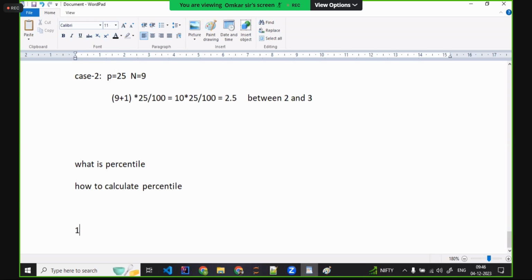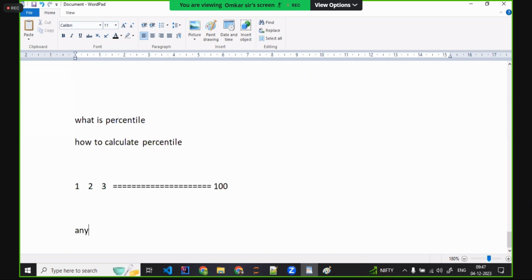Percentile means 100 parts, going from 1, 2, 3 until 100 percentile. Any percentile value you can calculate.